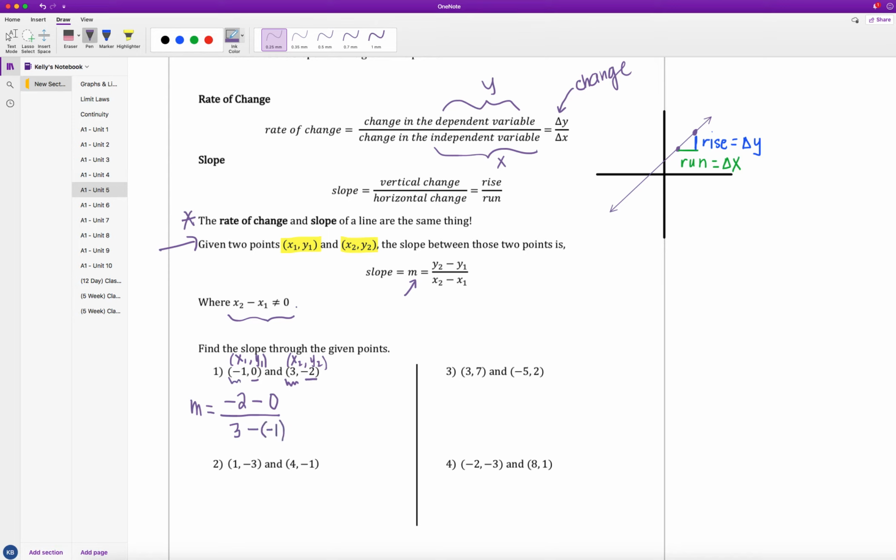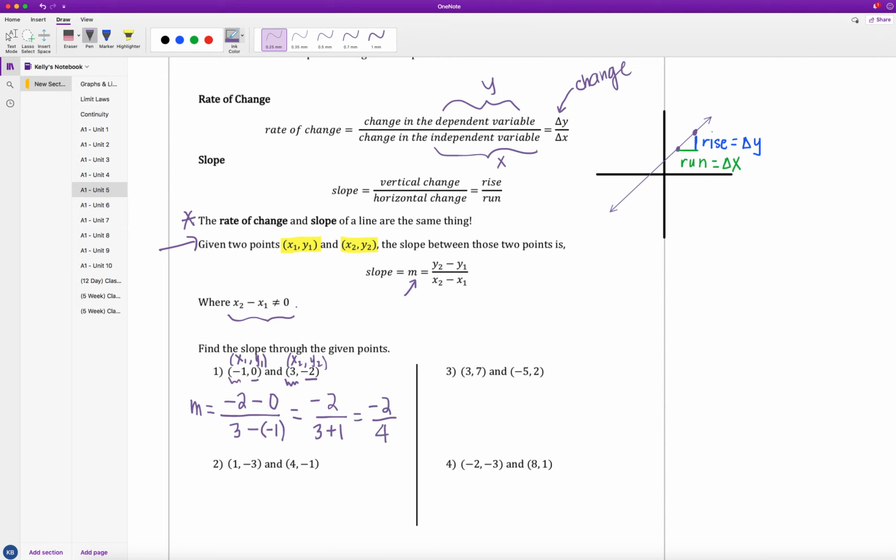Since I have a minus and a negative, I'm going to put parentheses around that to make sure that I distribute that negative sign. Simplifying this down, -2 minus 0 will give us -2. 3 minus a -1 is the same thing as 3 plus 1, and then we know that 3 plus 1 is going to be equal to 4.